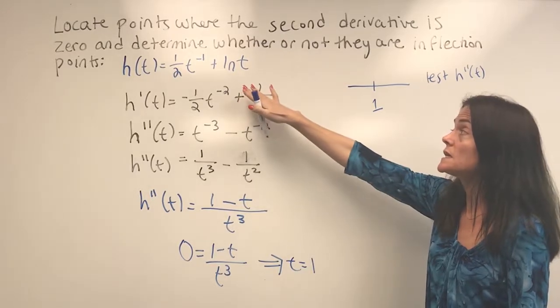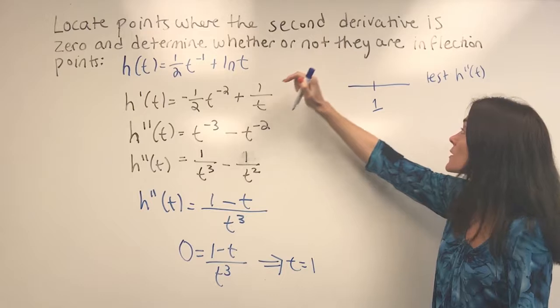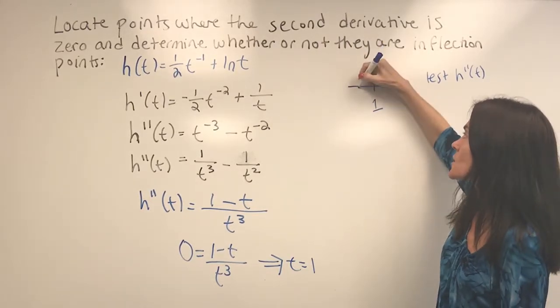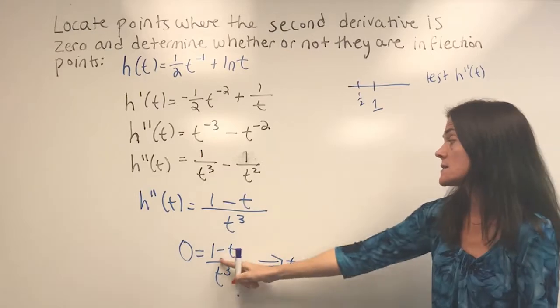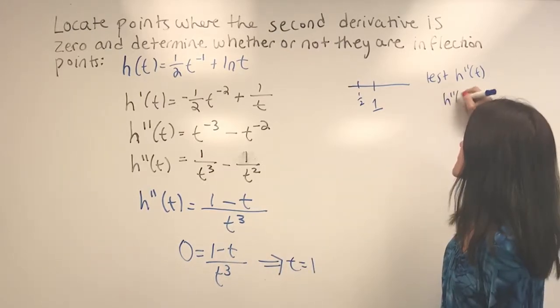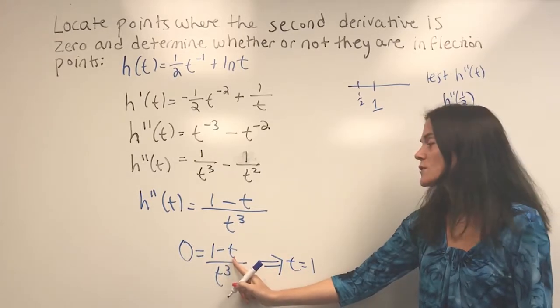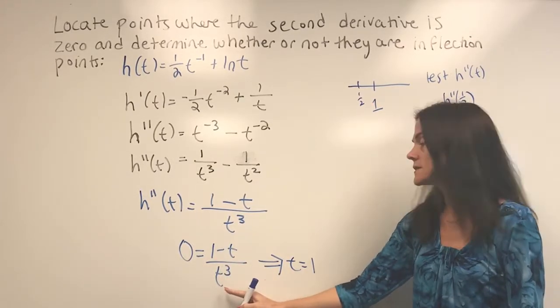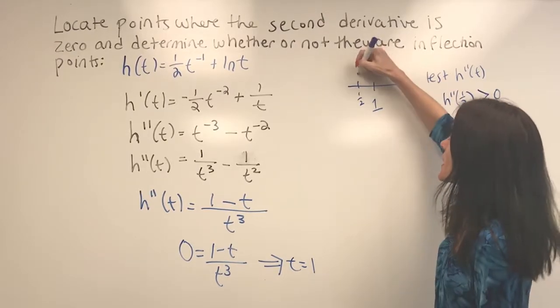In fact, we really need to, because this function is not defined at 0 and it's not defined for negative numbers. So if we tested, for instance, a half, the second derivative at 1/2 is 1 minus a half, which is positive, over a half cubed, which is positive. So you can see this is positive.